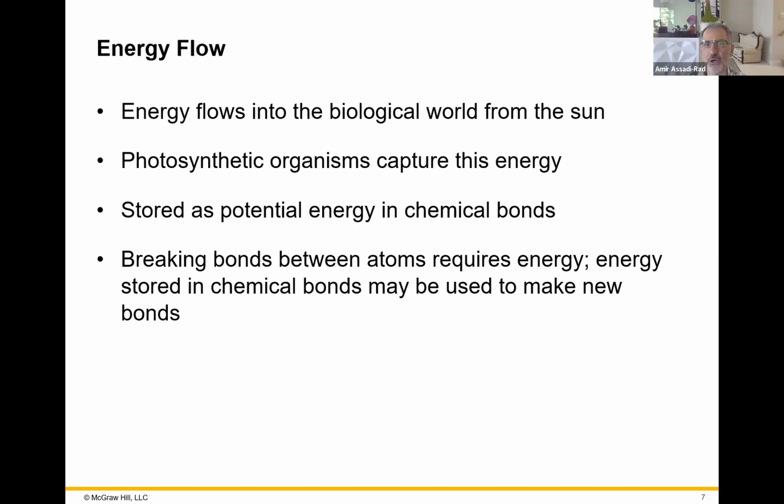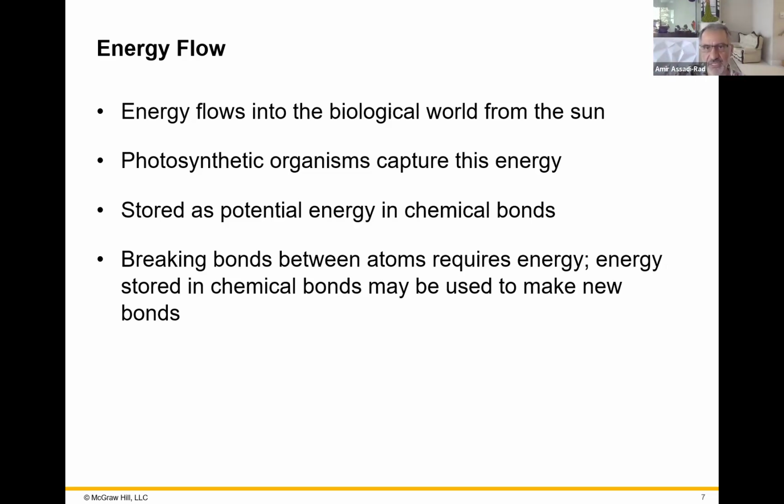Photosynthetic organisms, which are in the next two chapters, the last chapter for this unit exam, capture this energy. The energy from the sun is captured in the plants, and then we eat the plants, and then of course we are functioning. So indirectly, we are dependent on the sun.